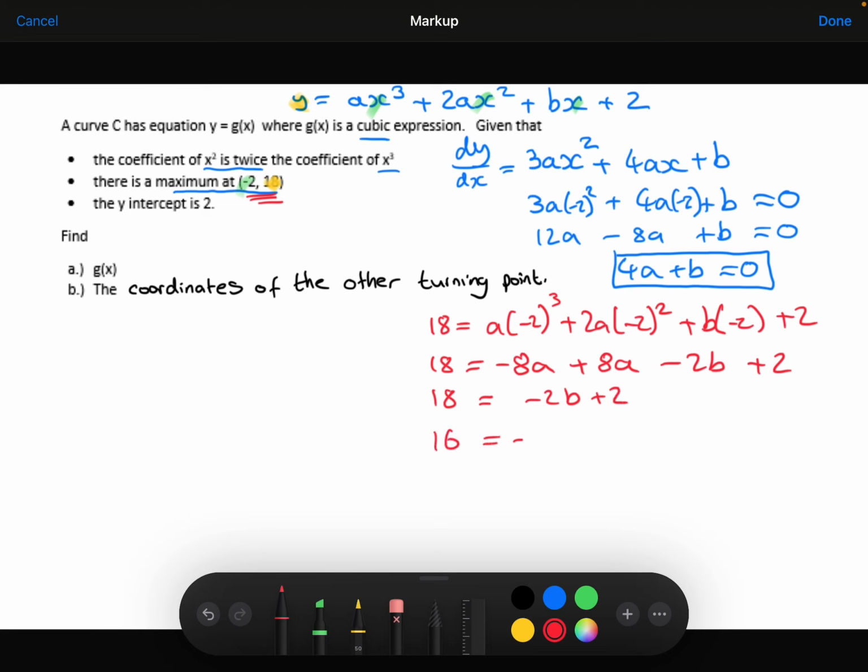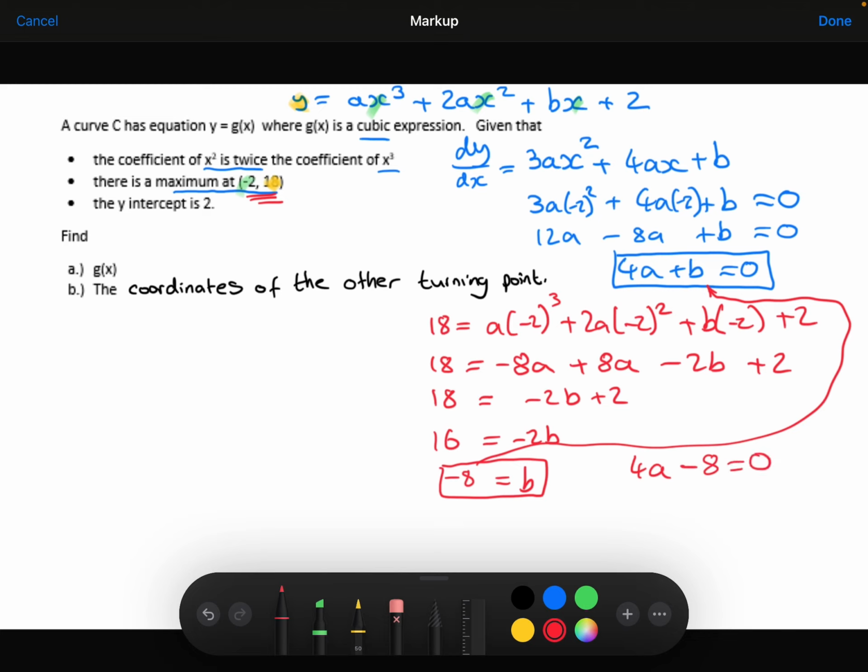So minus 2b is 16, so b is minus 8. Which I can then plug in here so I can work out what a is. 4a plus b equals 0. So a is 2.